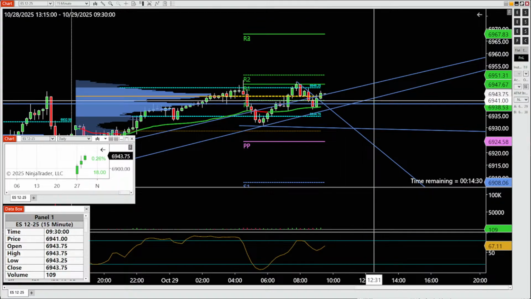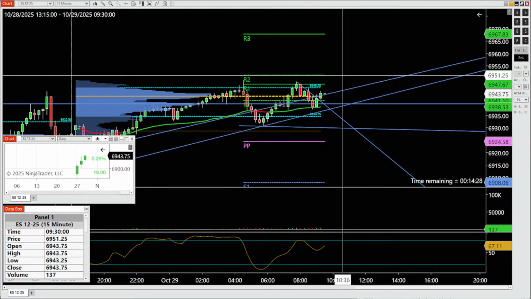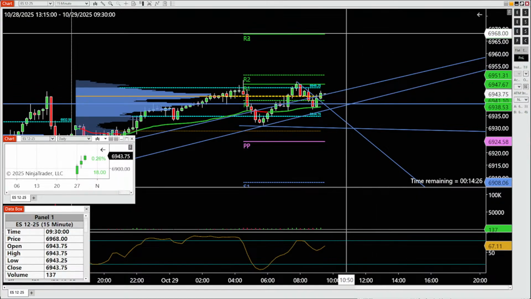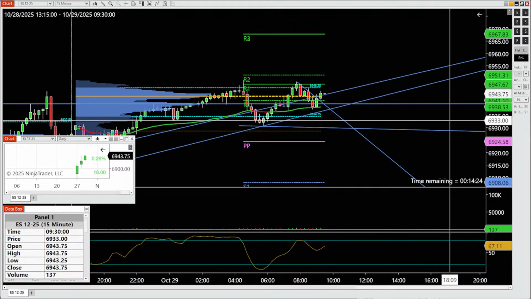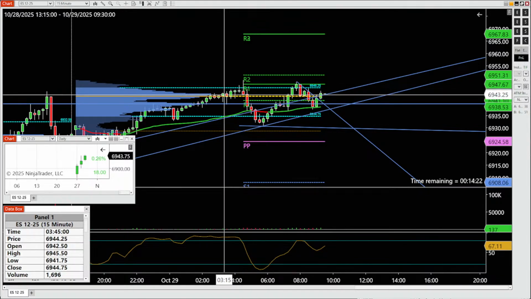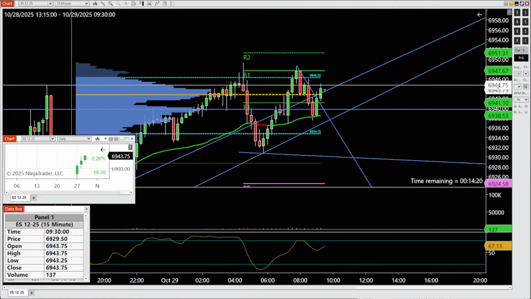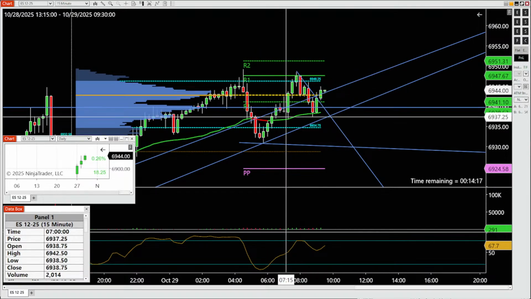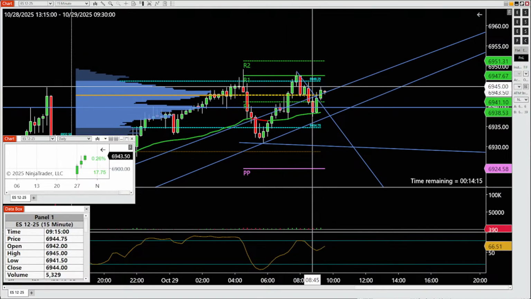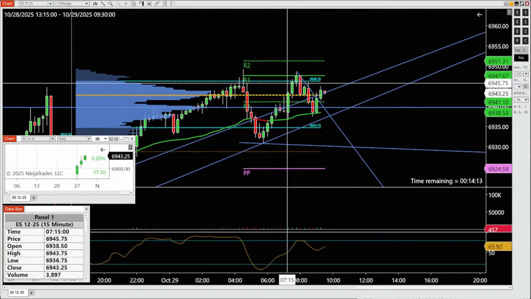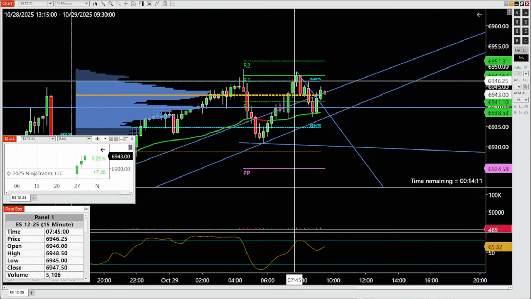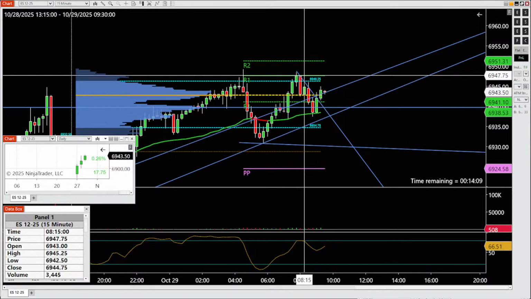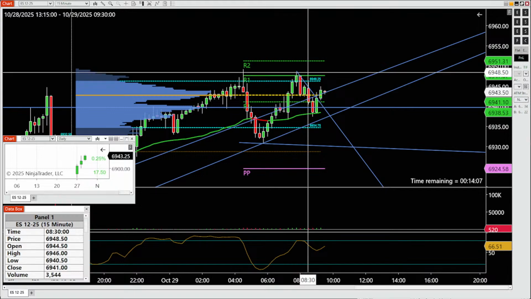I want to see price over this 51 and maybe get up to 68. I don't really want to trade in between these areas. We got resistance here, resistance here. I want to get above the value high area and above this 47.